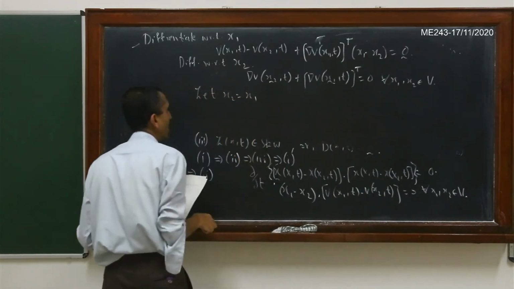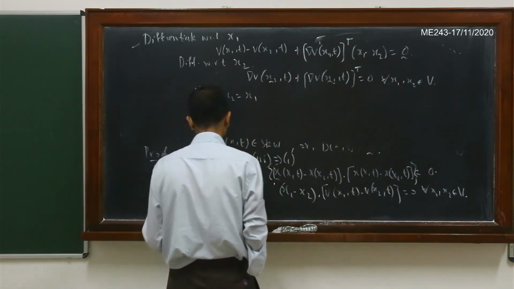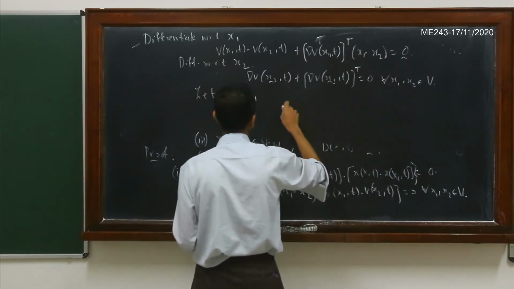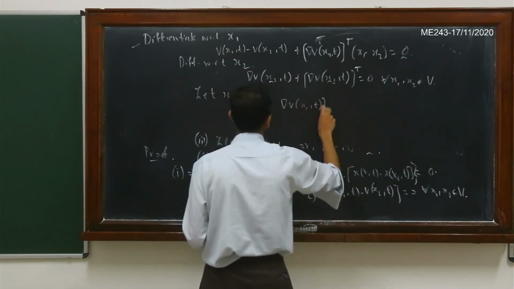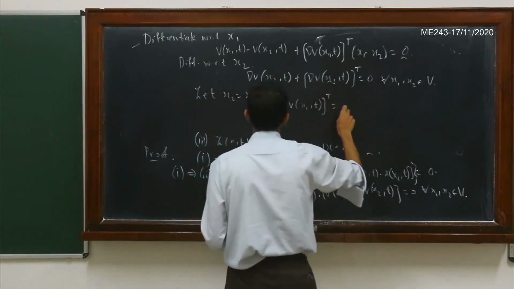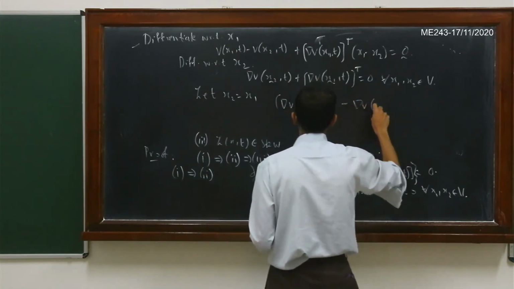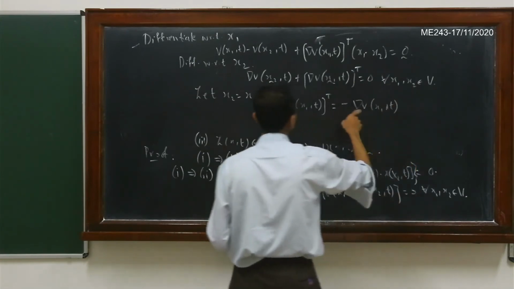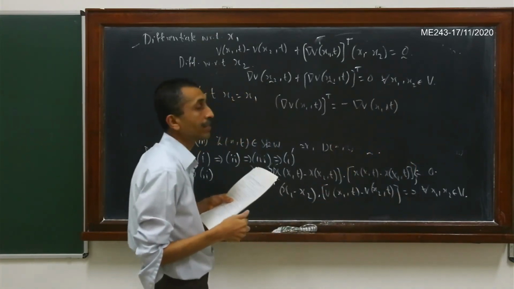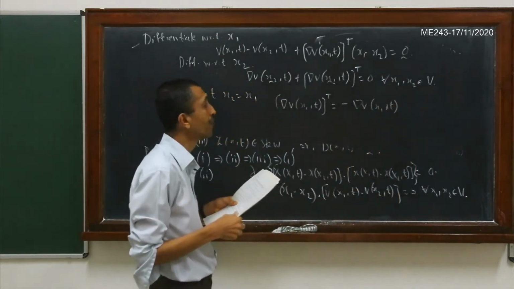What you will get is that del V at x1 comma t transpose is equal to minus del V at x1 comma t, and so this shows that del V is a skew symmetric tensor at every point.